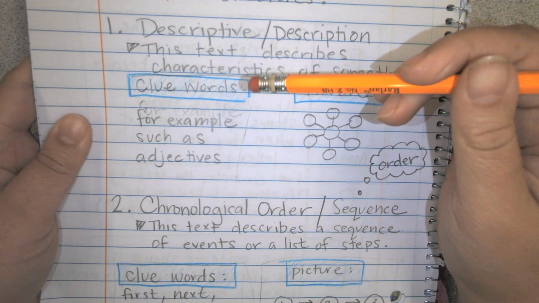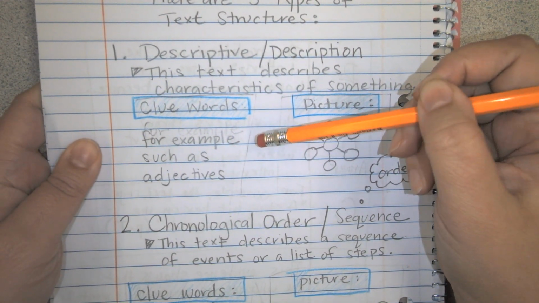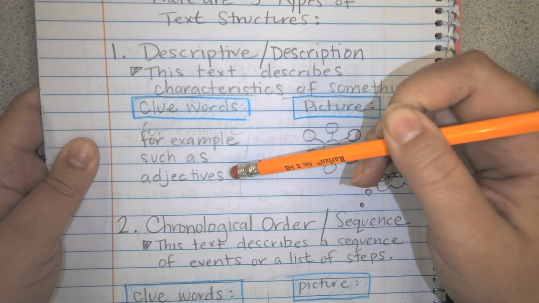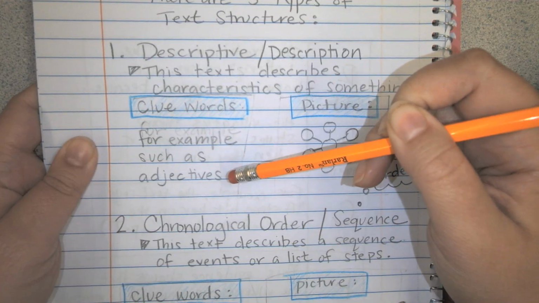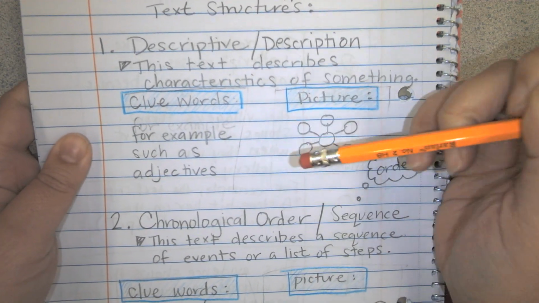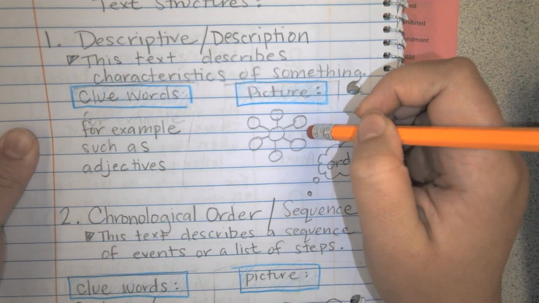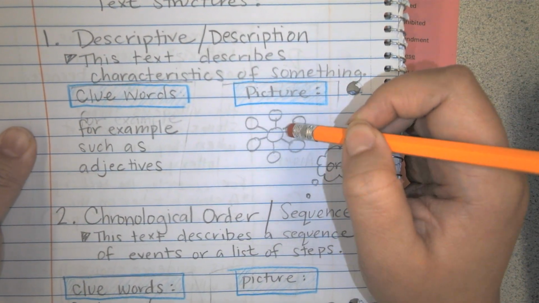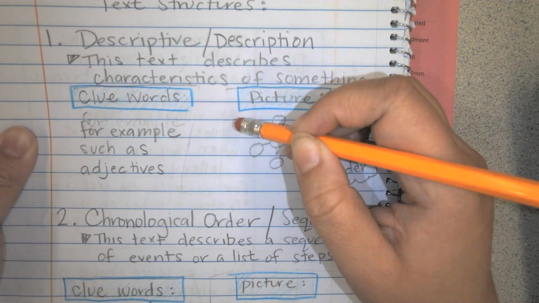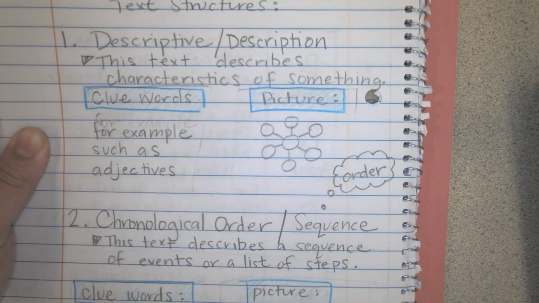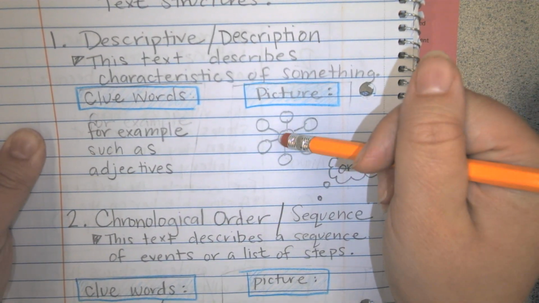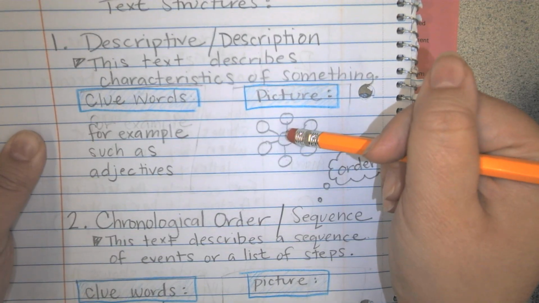Some of my clue words are, for example, such as, or any adjectives are going to let me know, because adjectives are those descriptive or describing words. My picture shows me that I have some topic in the middle and that I'm adding lots of details related to that topic, right? So if I wanted to talk about calico critters, right, I might start by saying something like, calico critters are little toys.